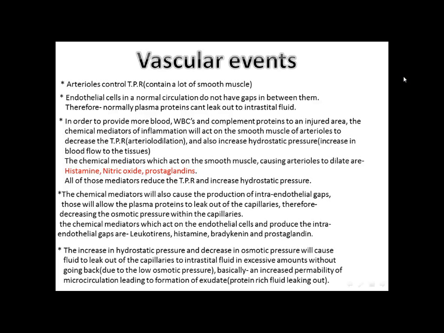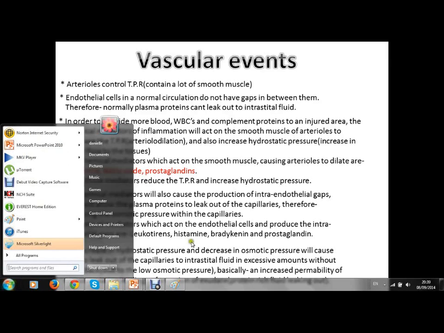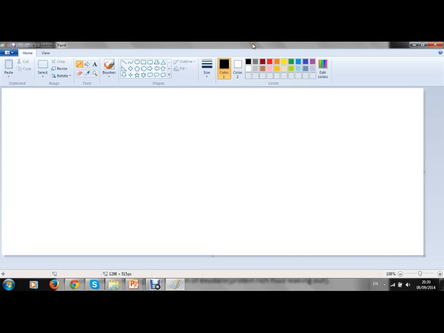So let me help you understand the idea of the hydrostatic pressure and the osmotic pressure and the leaking out of the fluid through a small diagram. So let's say this is an arteriole, and after the arteriole we have a capillary, which is of course smaller, but for the sake of the diagram we will make it a little bit bigger.